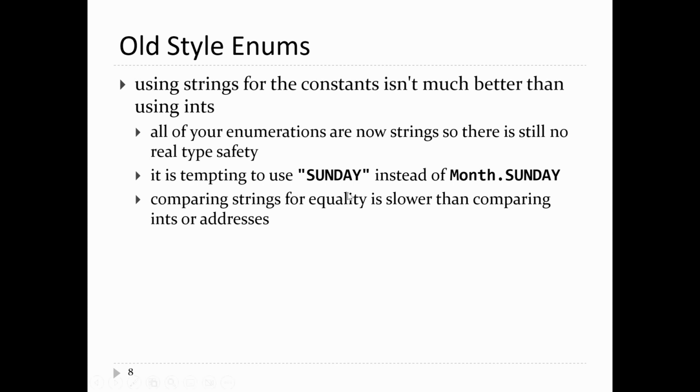It actually gets worse in this case because programmers are lazy. Instead of writing Month.Sunday everywhere, people get tired of writing Month dot and they just write Sunday, which works fine until you decide that you want to change the string that corresponds to Month.Sunday, and then you have a problem. You can still compare these things for equality, but comparing strings for equality is much slower than comparing ints or addresses for equality.